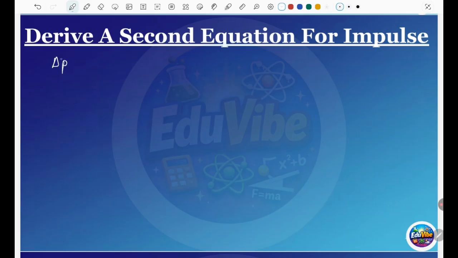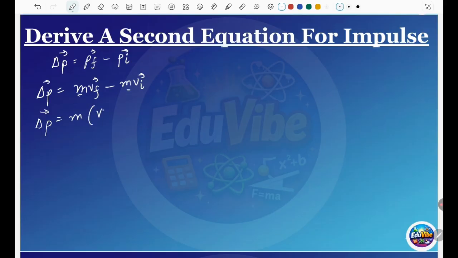We have to know what delta p is. Delta p is pf minus pi, which we can write as m vf minus m vi. From here you can take m common and you get m times vf minus vi.